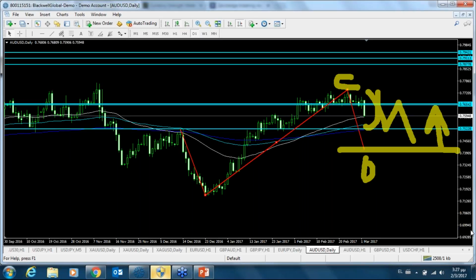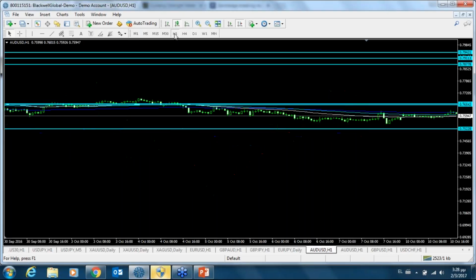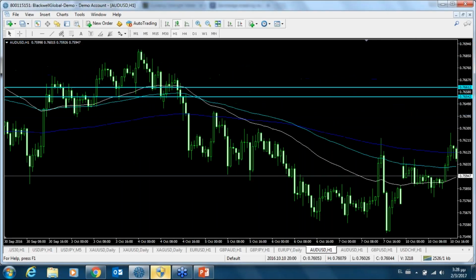Let's look at what's going on in terms of trend. At this moment, it's not that clear on the daily chart, mainly because yes, it's on the way down, but it's touching the three lines. It's not traveling way above all three lines, or way under all three lines. This is not happening for the AUD USD at this moment, so there may be some uncertainty creeping in in terms of direction on the daily chart.